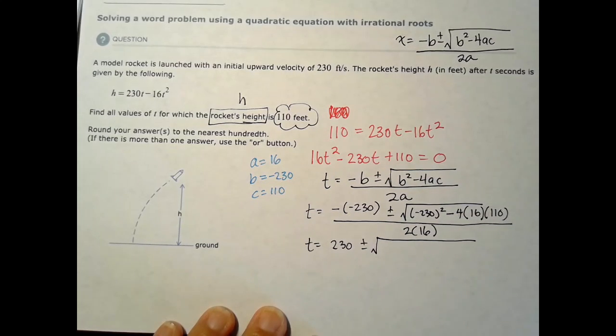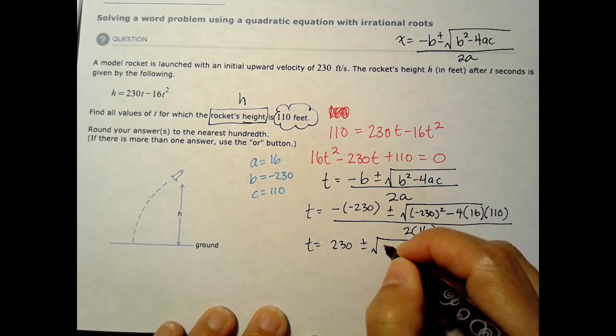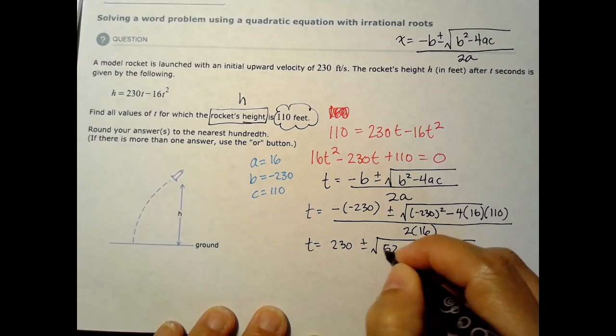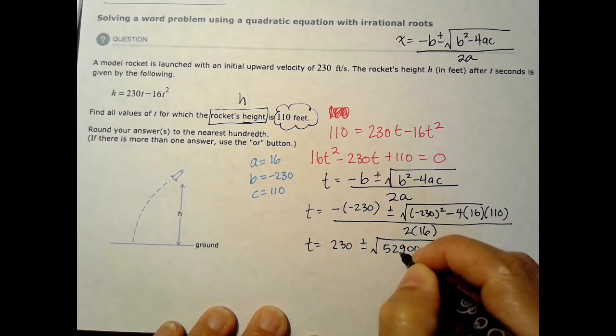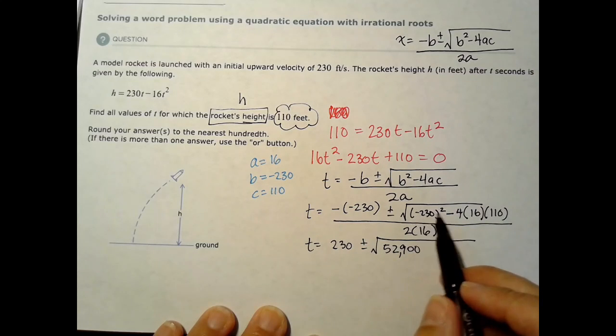Now I'm going to take that negative 230 and square it. 230 squared is 52,900, and negative times a negative makes a positive.